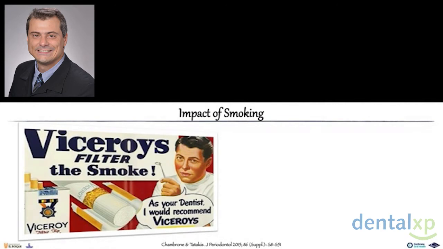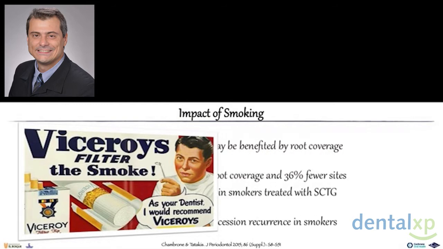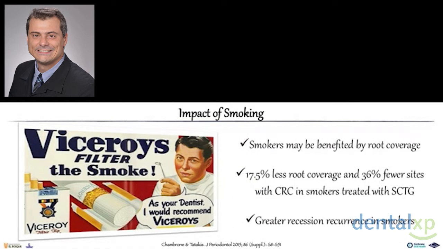With respect to the impact of smoking, smokers may be benefited by root coverage as well. But differently from this old merchandise material, I would not recommend my patients to smoke. Smoking clearly leads to a detrimental impact on surgical therapy. It may be expected that smokers may be benefited by root coverage, but the amount of root coverage and the number of sites achieving complete root coverage will be decreased, especially within subjects treated with subepithelial connective tissue grafts.